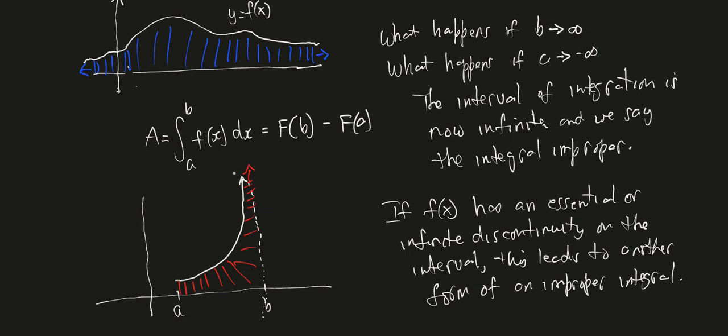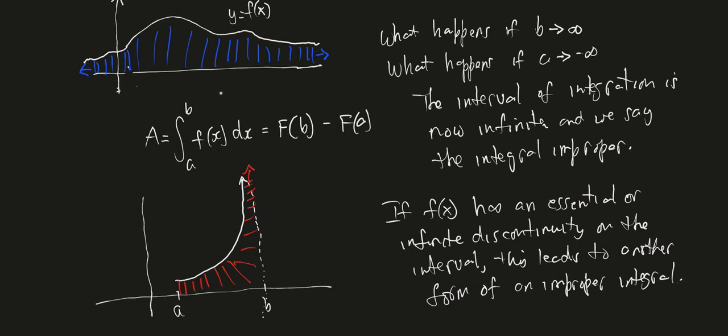And I use the word simulate because we're going to pretend for a second that the integral is proper, and then use limits to determine what happens when your x gets closer and closer to this point where the function has an infinite discontinuity, or as your limits get larger and larger in an unbounded way, either going to positive infinity or negative infinity.